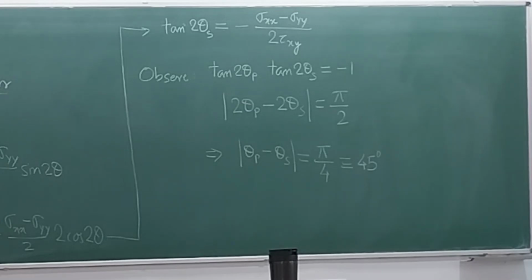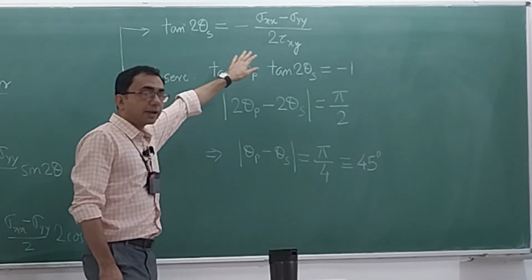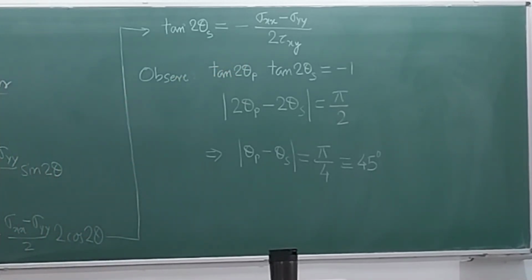Now, what we want to very quickly do is to check that if this is indeed the angle corresponding to the maximum shear stress, then what is the expression of that maximum shear stress? Because what you have only obtained here is the indication that at what angle the maximum shear stress will be oriented. But what is the expression of the maximum shear stress? Okay, that we want to take a look at.